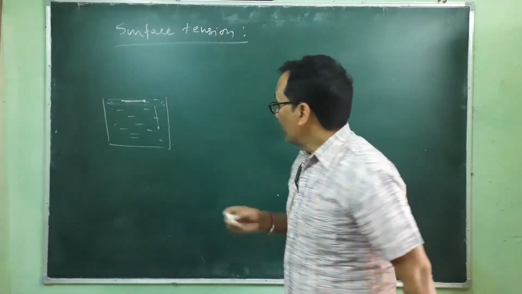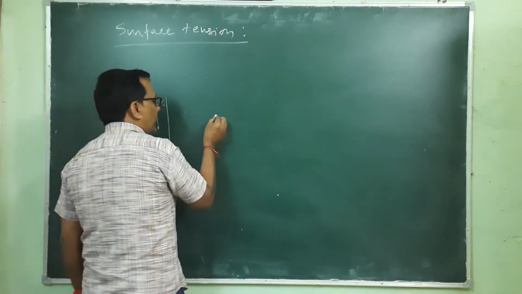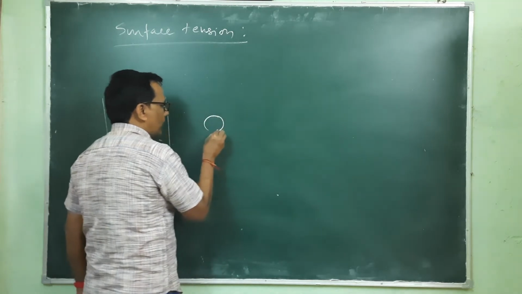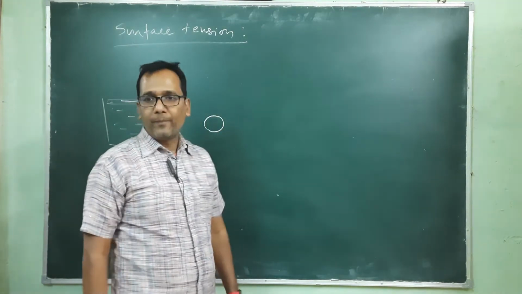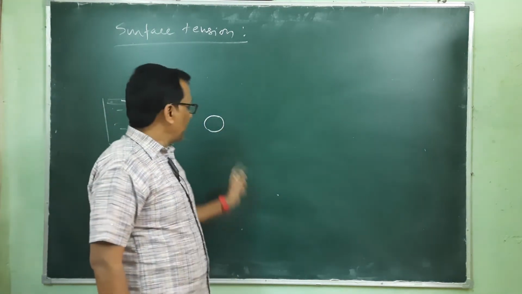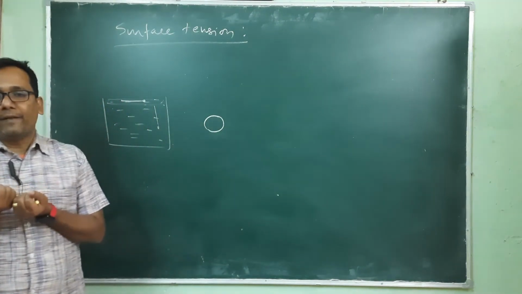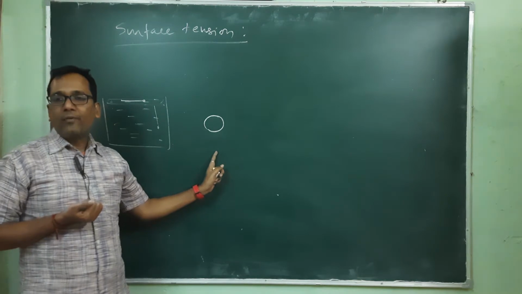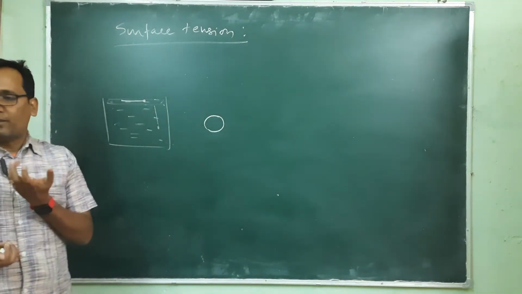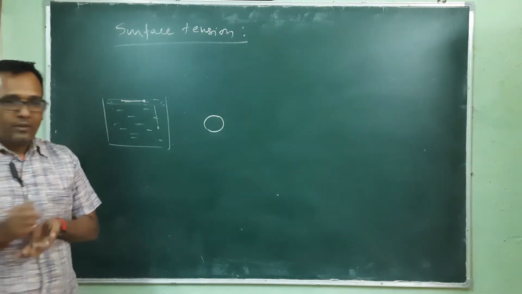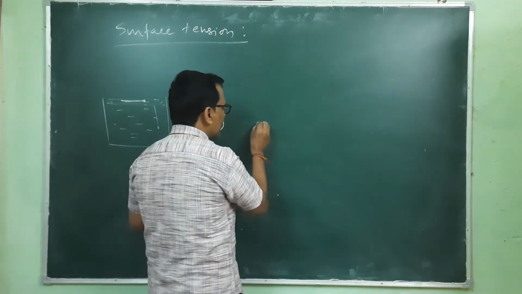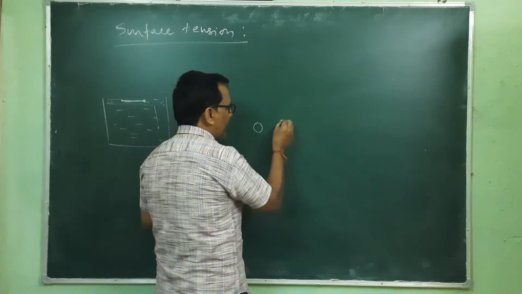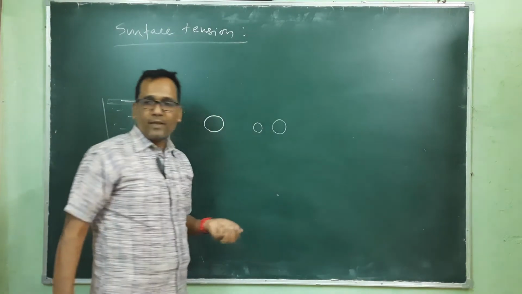The surface of a liquid, generally a water drop, is spherical because it attains the minimum surface area. This is also because of surface tension. If you take a mercury drop, and the size of the mercury drop is small, then its shape will be spherical.